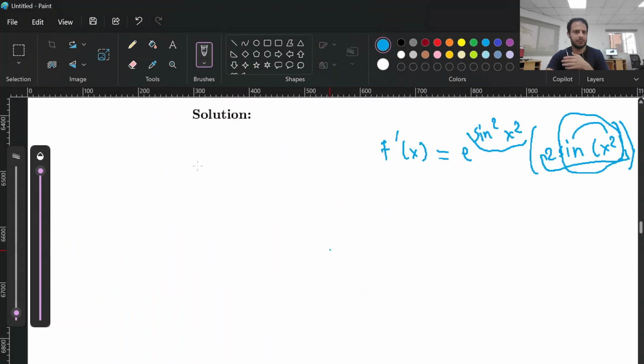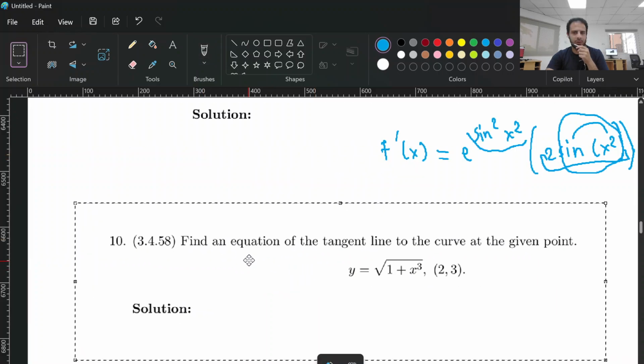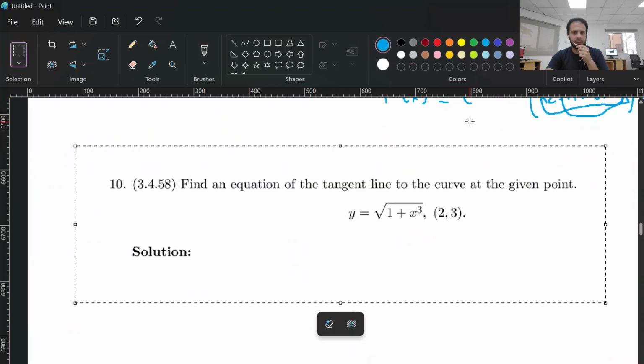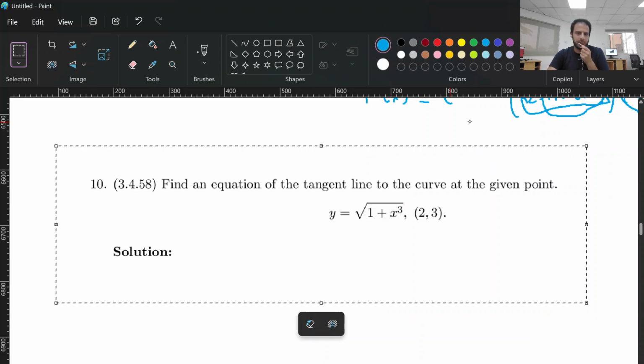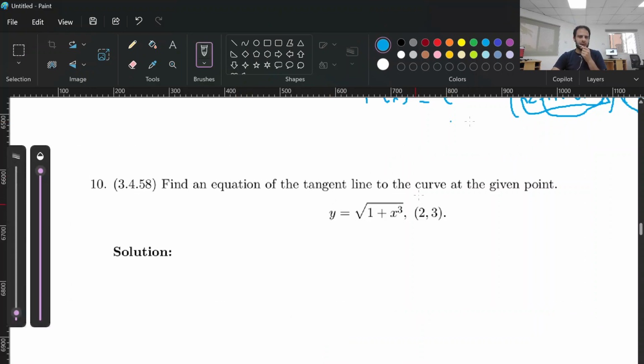So we have this. But first, let's write what is the formula of tangent line. Find an equation of tangent line to the curve at the given point. I will give you the equation first, then you help me solving it. So you have the point slope equation, or formula, call it whatever you want.